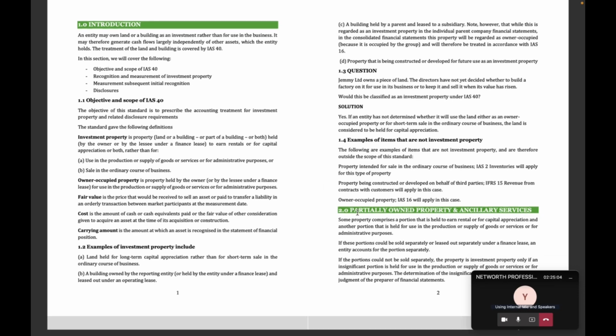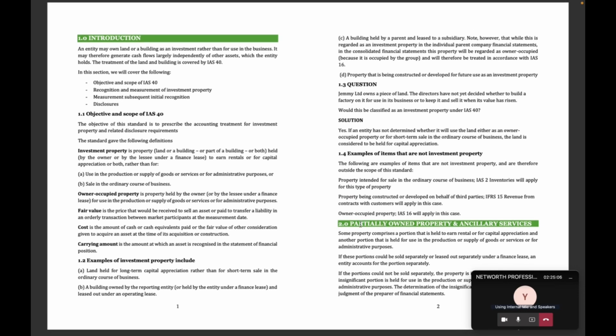Okay, so now I'm going straight to this part known as partially owned property and ancillary services. What we are saying here is this: it is possible that you would have a building of, let's say, 9 floors, and your company is using, let's say, 2 floors out of those 9 floors, and the remaining is leased out to another party.